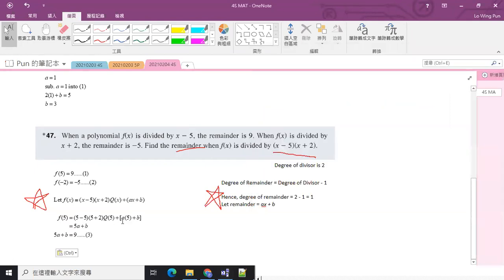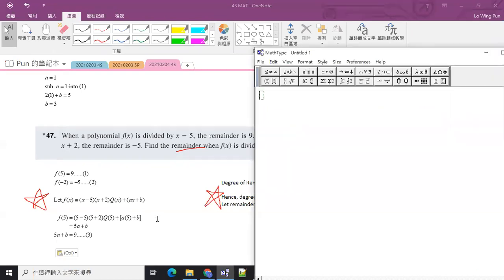Can you follow? And then the second information is about f negative 2. So we just find the value of f negative 2 ourselves first. f negative 2 can be calculated by negative 2 minus 5 times negative 2 plus 2, and then times q negative 2 plus a times negative 2 plus b.